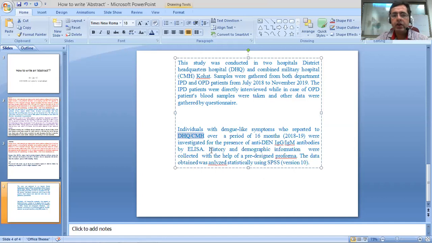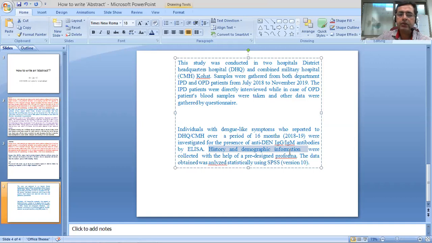Then you are also going to analyze your data in many different ways. For instance, age-wise or gender-wise, you are going to figure out what age group is more prone to this particular condition, or what gender, male or female, is more prone.